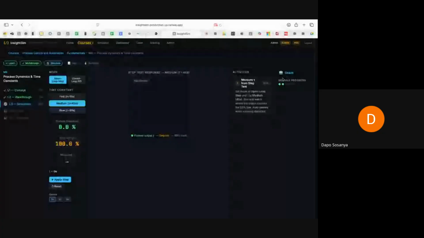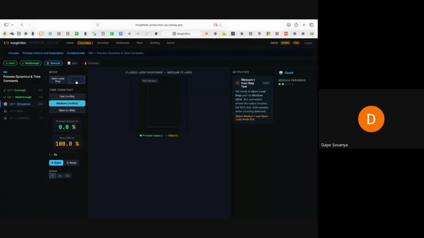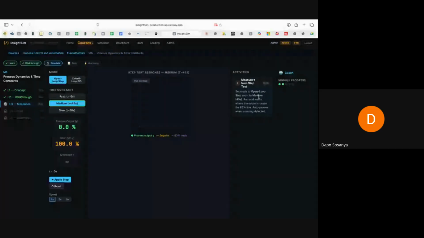So these are the activities, right? Set mode to open loop step. So this is the mode. This is open loop, this is closed loop. So you set your mode to open loop test, and T to medium. This is the time constant.